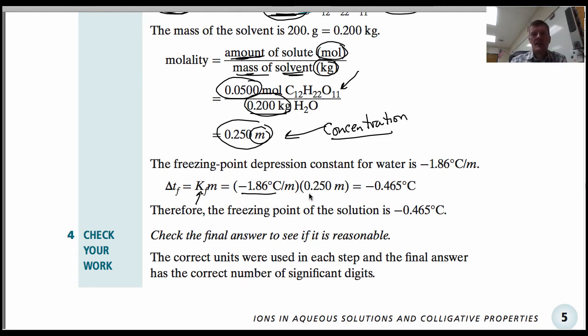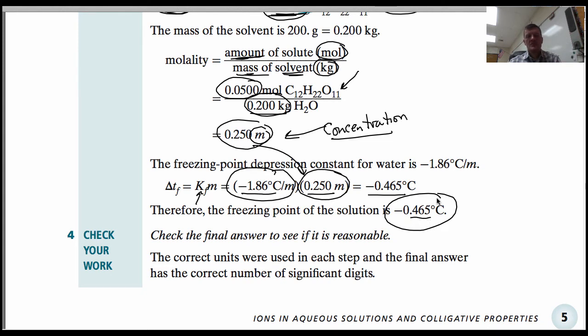Okay? Here's your molal from the previous calculation, and we take this constant times the molal, and we get negative 0.465. So what does that mean? It means that the freezing point now of water is 0 minus 0.465. It went down 0.465 degrees.